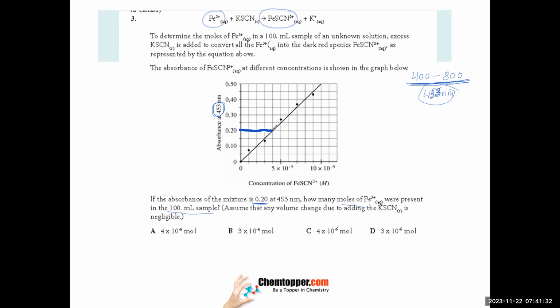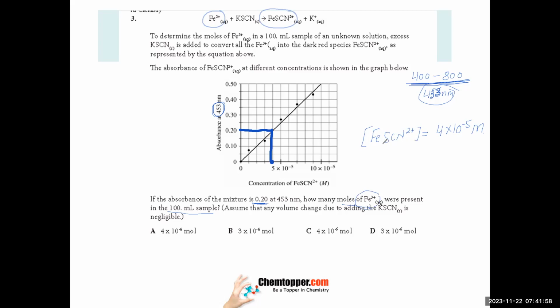Now, do you know the concentration? 0.20. What's the concentration? So the concentration of FeHCN2+ is 4 times 10 raised to power minus 5 molar. Very good. That's the concentration. How many moles of Fe3+?